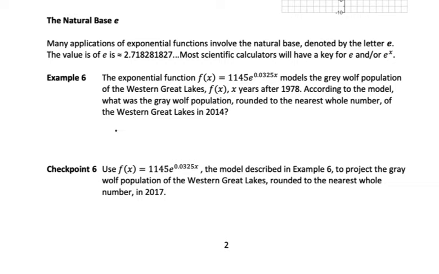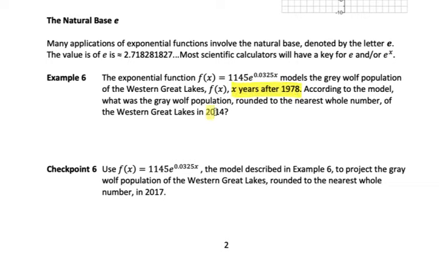The exponential function, right here, f of x, models the gray wolf population of the Western Great Lakes, f of x years after 1978. According to the model, what was the gray wolf population rounded to the nearest whole number in 2014? So this is our function. Now this one is a little bit different from example 1 in that we're not just plugging the time in, because x is years after 1978.